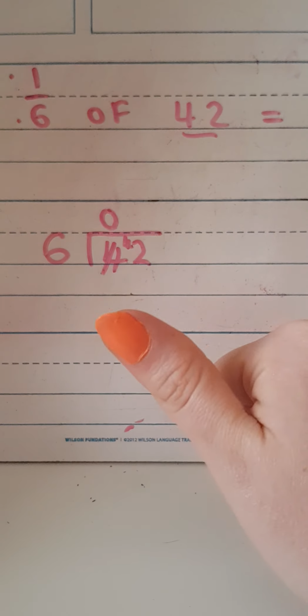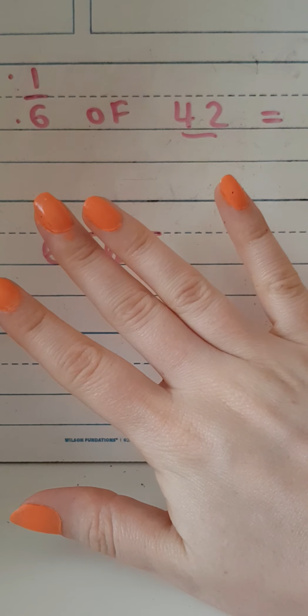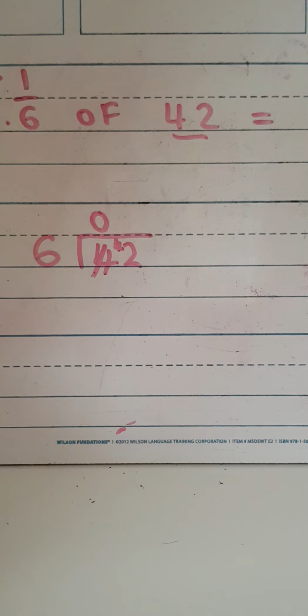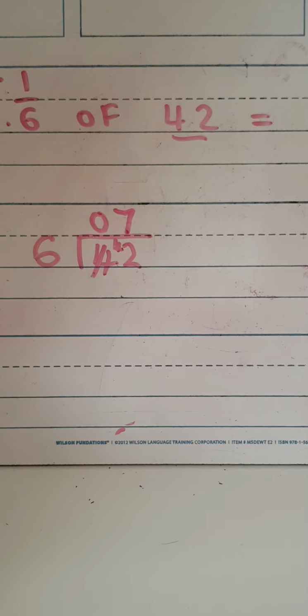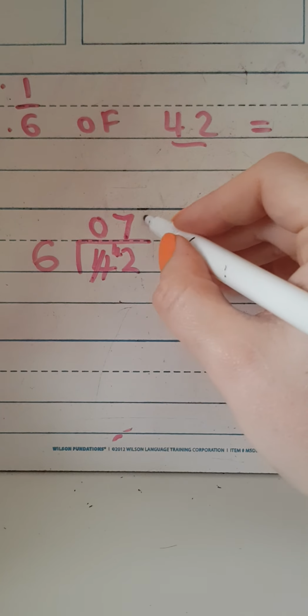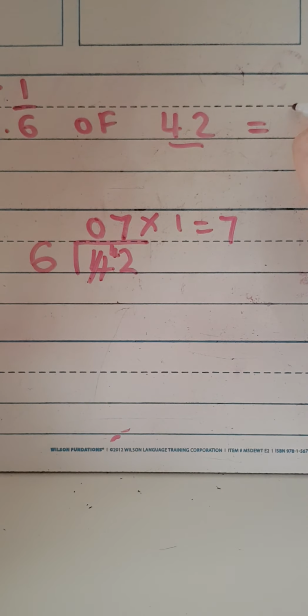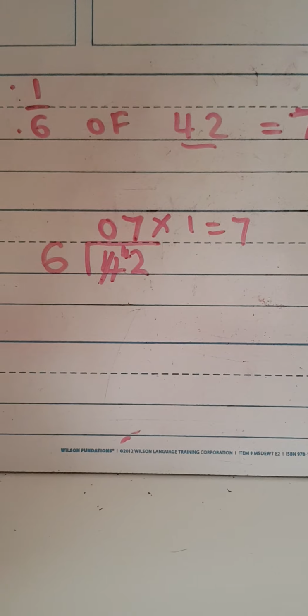So 6, 12, 18, 24, 30, 36, 42. So altogether it is 7. And then 7 multiplied by 1 is the same, 7. So 1/6 of 42 is 7.